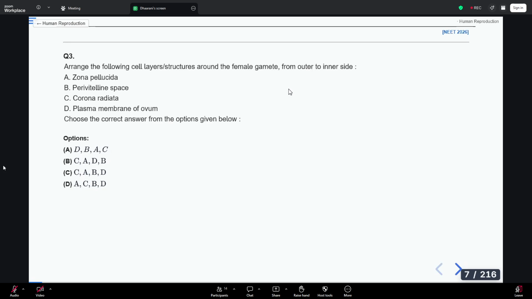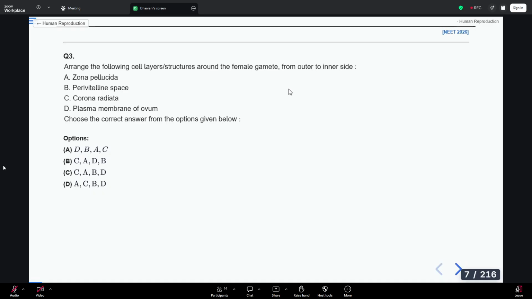The outermost layer is corona radiata, right? Corona radiata is the outermost layer.